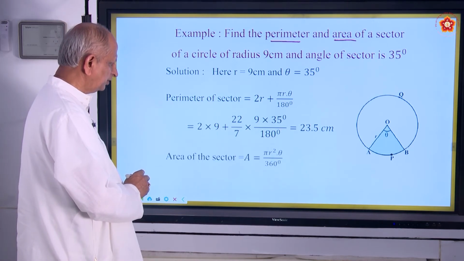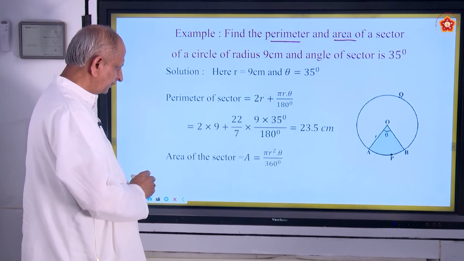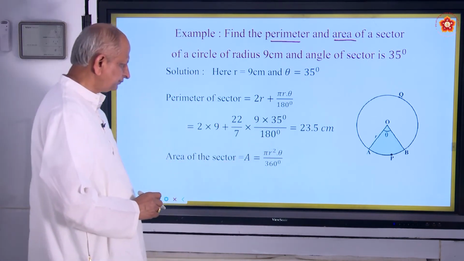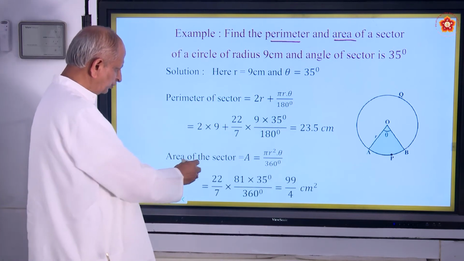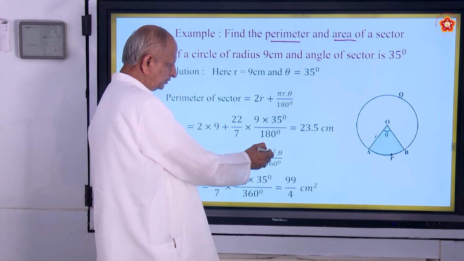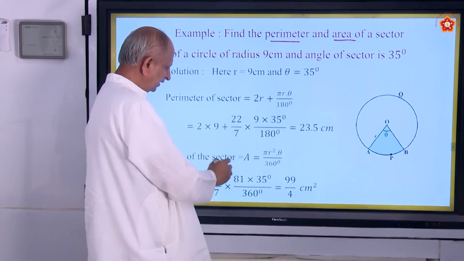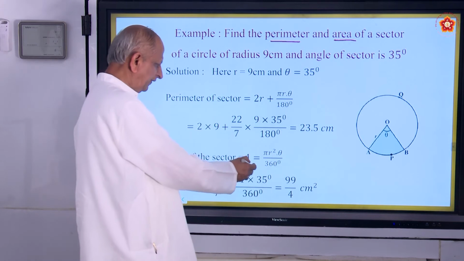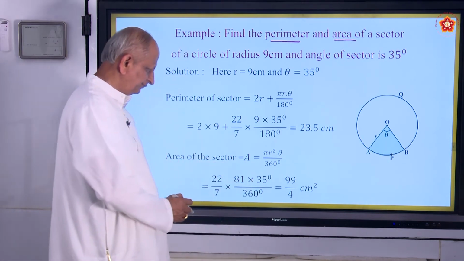Now coming to the area. Area is pi r square theta by 360, and pi into r square, r is 9. So 9 into 9 is 81, into theta 35 by 360.